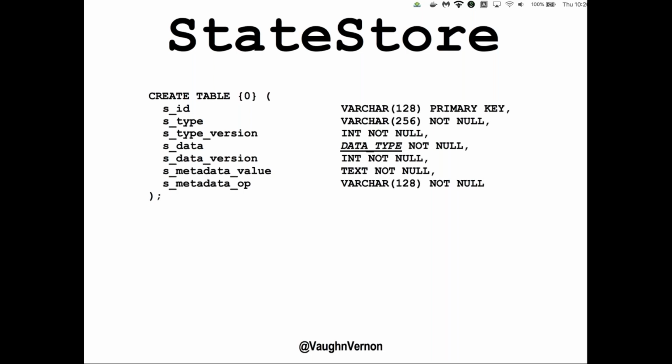The type may be version 1, version 2, version 3. For example, product state could go through any number of transitions. Now, in the case of a relational database, it might be easiest to migrate the tables themselves rather than doing an on-the-fly migration. And so you have that option as well.